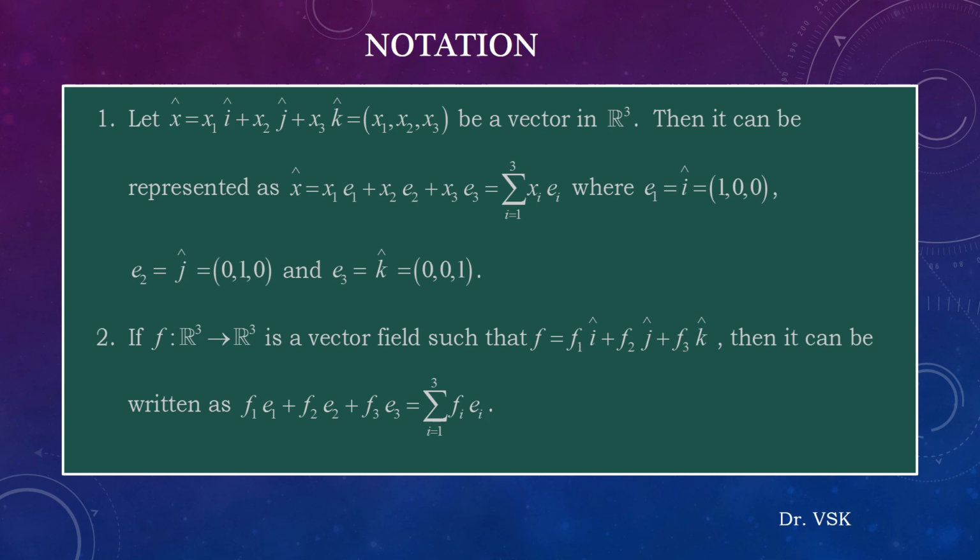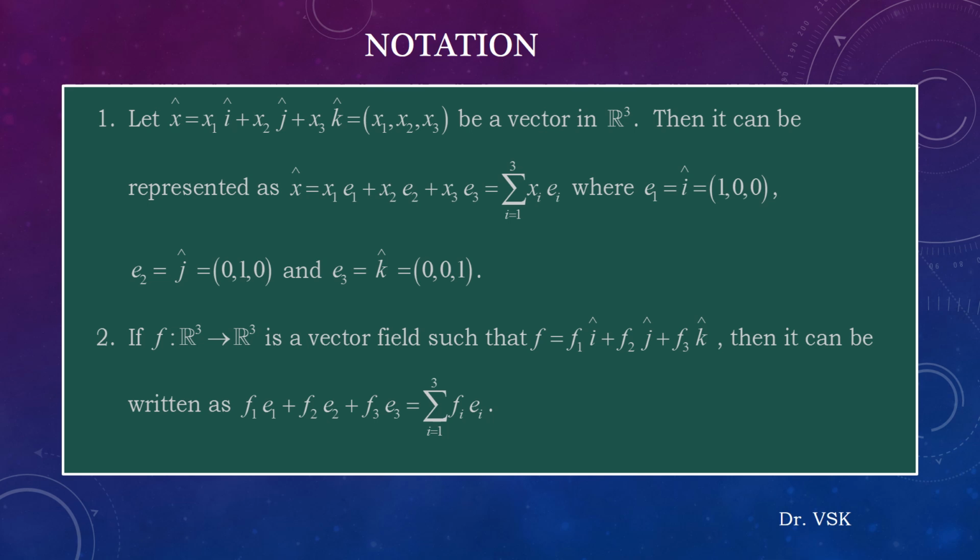Here in our new notation, we take i cap equals e1, j cap equals e2 and k cap equals e3. Now x cap can also be written as x cap equals x1 e1 plus x2 e2 plus x3 e3.